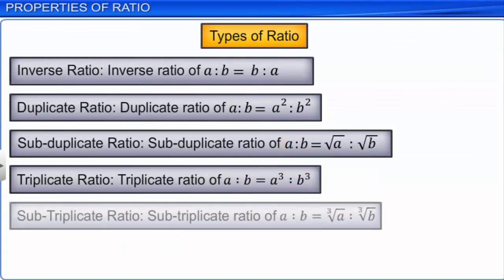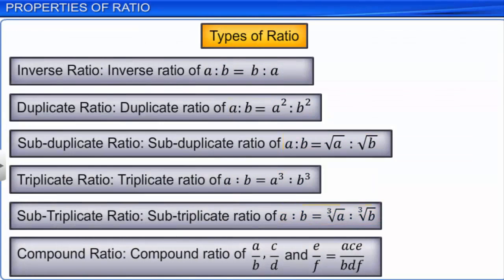The ratio formed by the third roots of the terms of a ratio is called the subtriplicate ratio of that ratio. For example, the subtriplicate ratio of A:B is third root of A:third root of B. The ratio obtained by multiplying the terms of the given ratios is called a compound ratio.